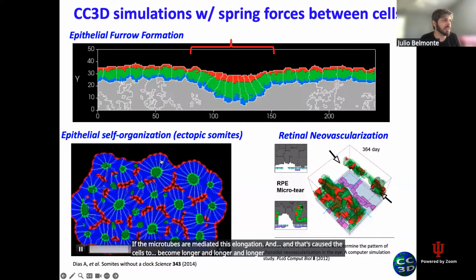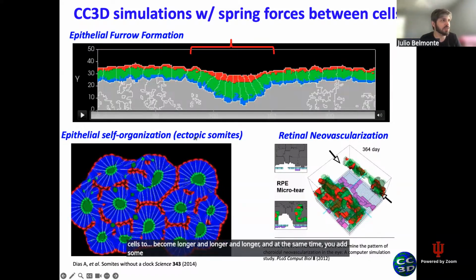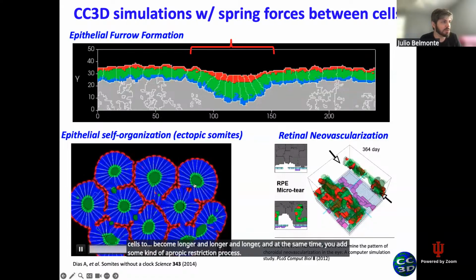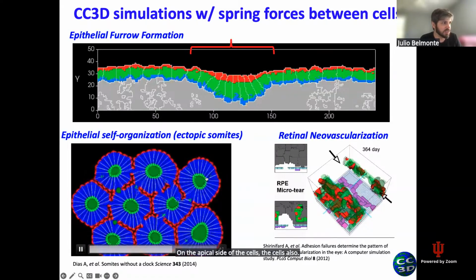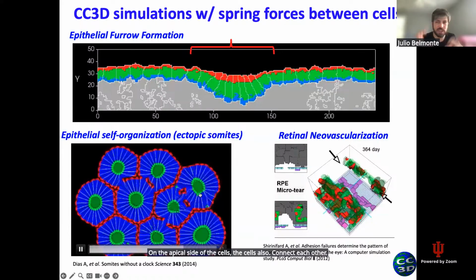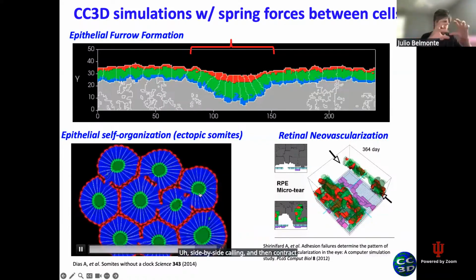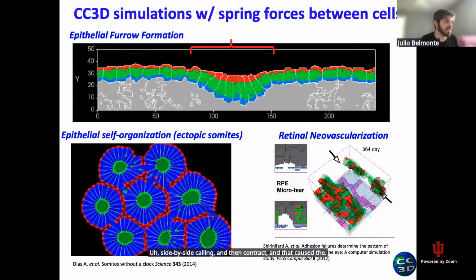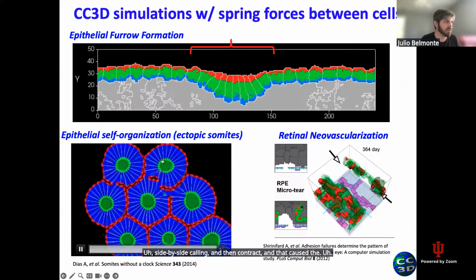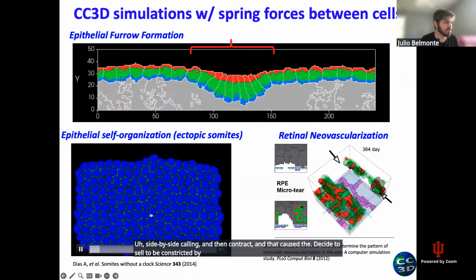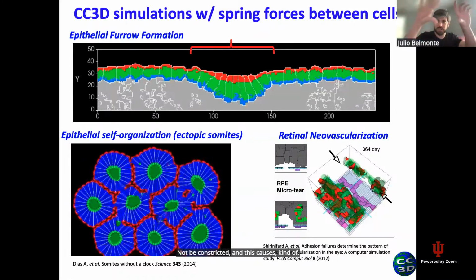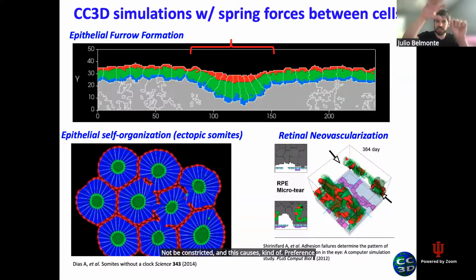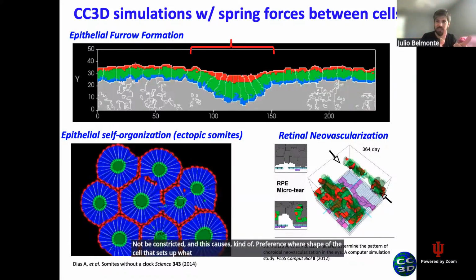And at the same time, you add some kind of apical constriction process on the apical side of the cells, which also connect to each other side by side, the apical links, and then contract. That causes this side of the cell to be constricted, while the basal side of the cell is not constricted, and this causes the preferred wedge shape of the cell that sets up what the size of the dish should be.